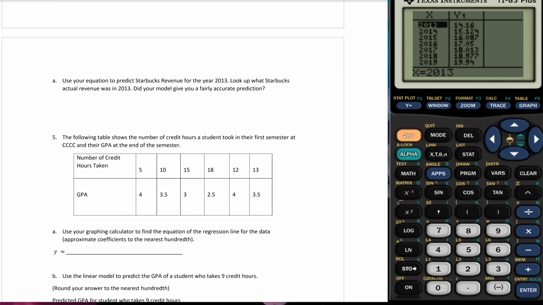This tells me that in the year 2013, they have a revenue of 14.16. By the way, don't just give me 14.16 for an answer. If I'm having a word problem, you're more than likely going to give me 14.16 what? So we're going to put 14.16 billion with a B dollars in revenue.